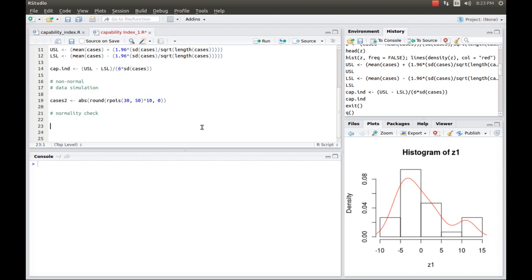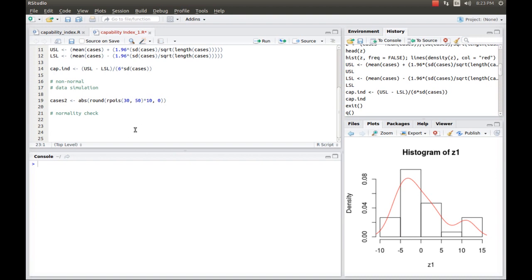given some healthcare data. So we are going to assume that we have some number of cases for a given month. So obviously we are going to take some 30 data points, and I'm going to perform some statistical calculations so that we'll end up with this particular beautiful statistic known as capability index.